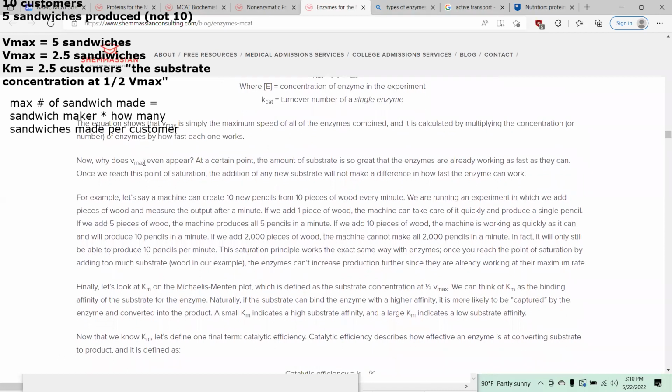Now, why does Vmax even appear? At a certain point, the amount of substrate is so great that the enzymes are already working as fast as they can. Once we reach this point of saturation, the addition of any new substrate will not make a difference in how fast the enzyme works. And that's basically what we talked about. If there are 10 customers but only 5 enzymes, we're at the point of saturation. We can only make 5.